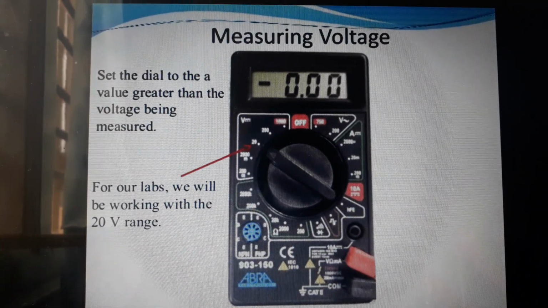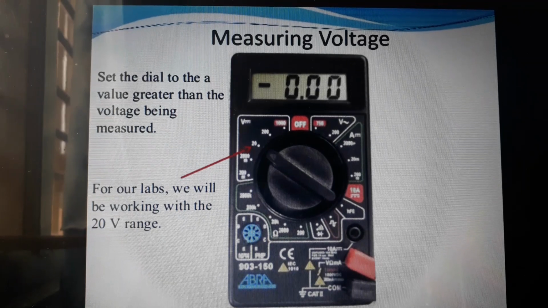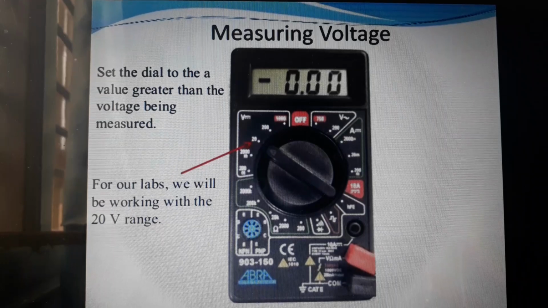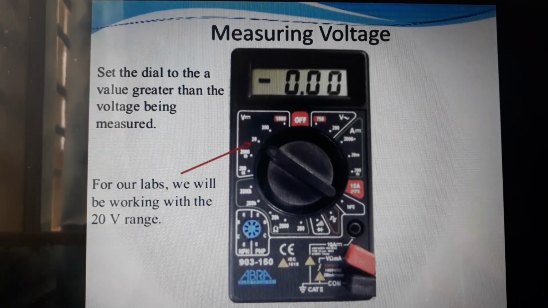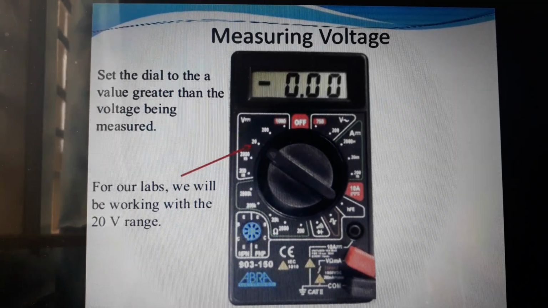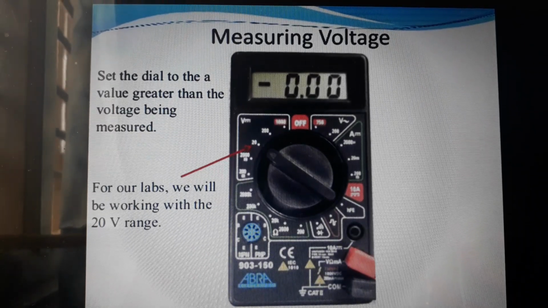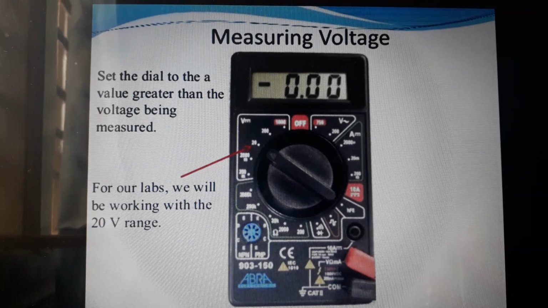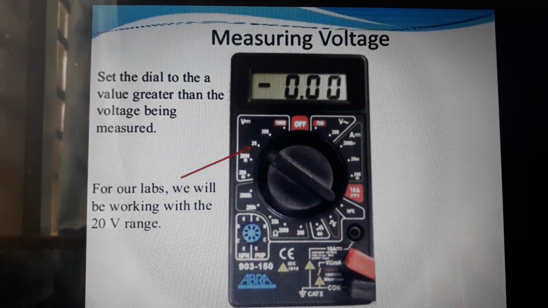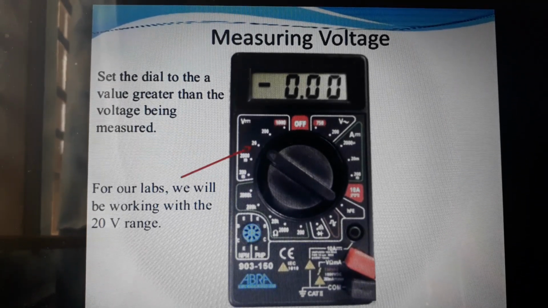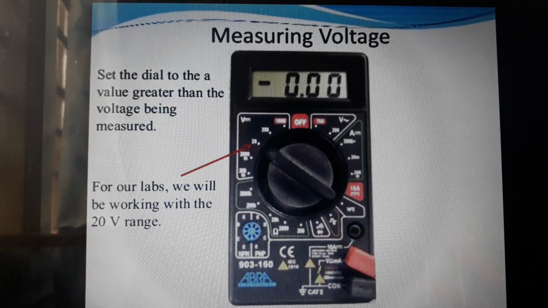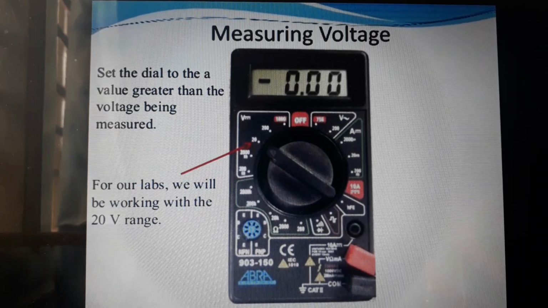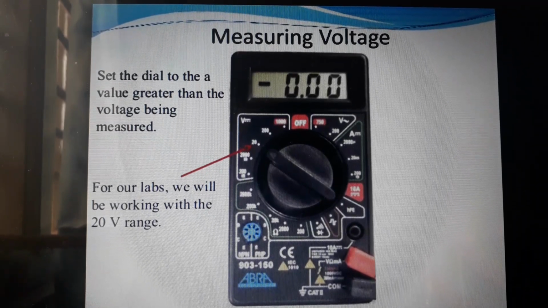Then, while measuring the voltage, it may be a DC voltage or an AC voltage, as we discussed in the previous slide. To set that value, if we want to measure 5 volt, we have to set the value greater than the voltage being measured. I have to measure 5 volt, then I have to set this voltage range greater than the voltage being measured.